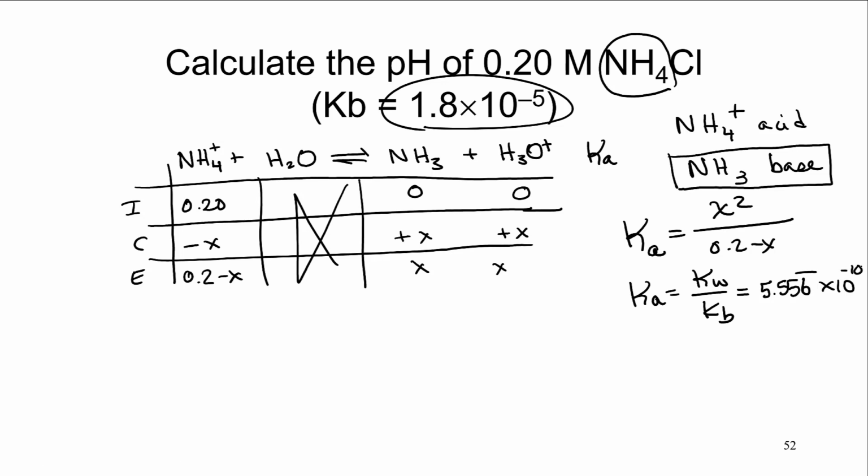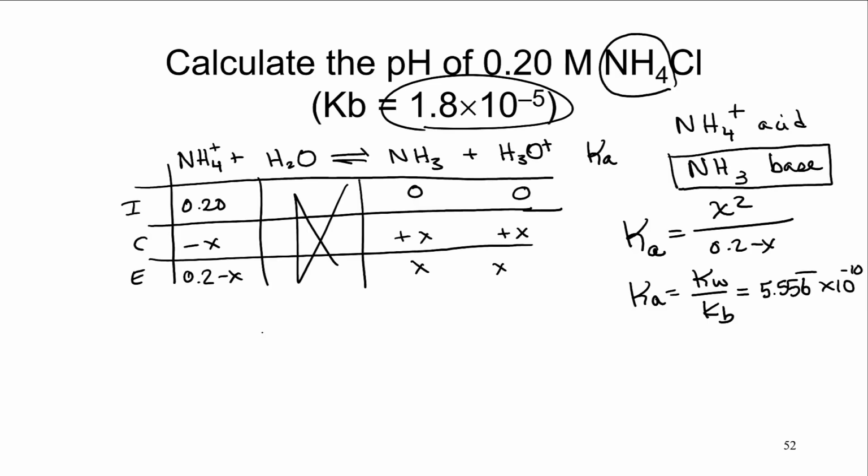And again, the K is a lot smaller than the concentration, so I'm going to go ahead and do the approximation method. And again, it is still C times Ka. And that's going to give me 1.054 times 10 to the minus 5th.